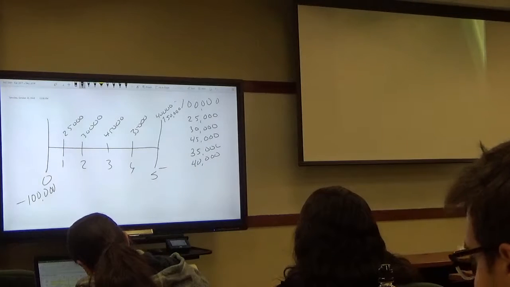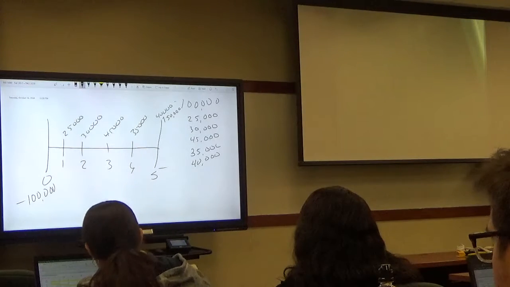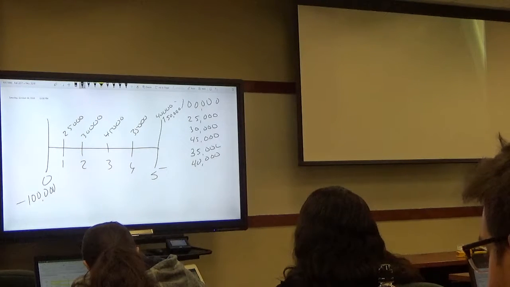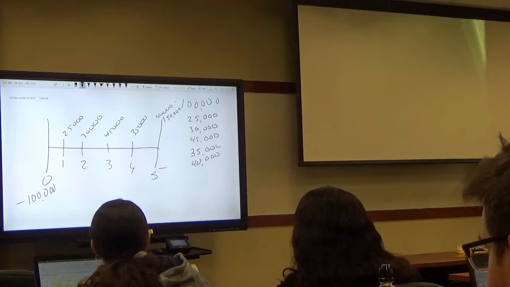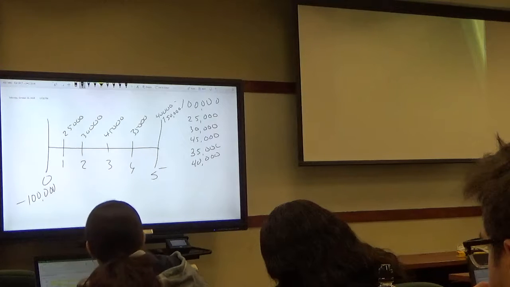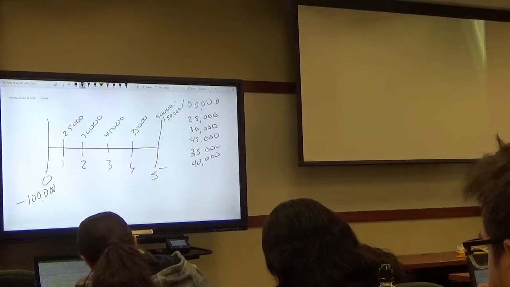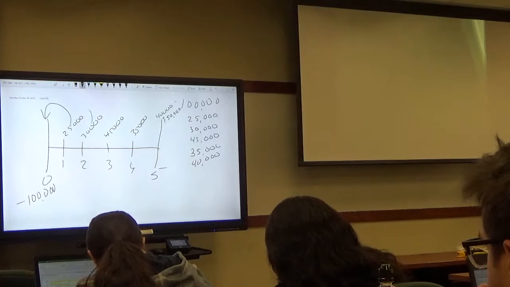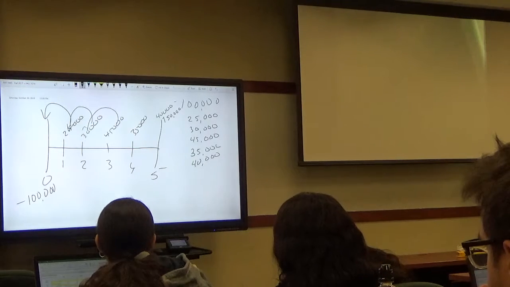So the way that Excel and your calculator look at this is you've got a choice to make. You can either choose to accept everything like it is written here, with everything happening at the end of the period, or you can make the choice to move everything forward a full period.